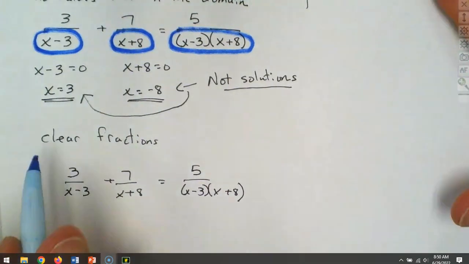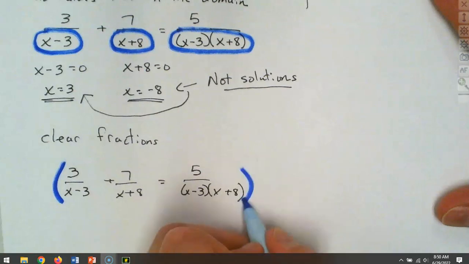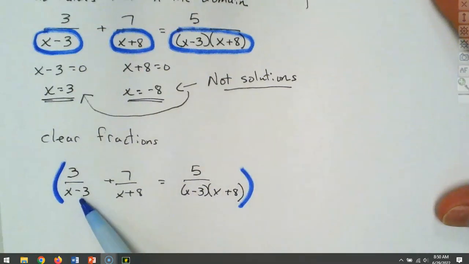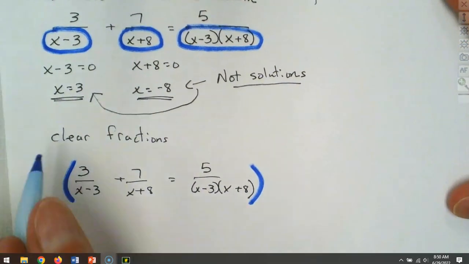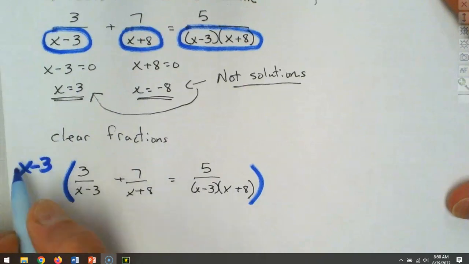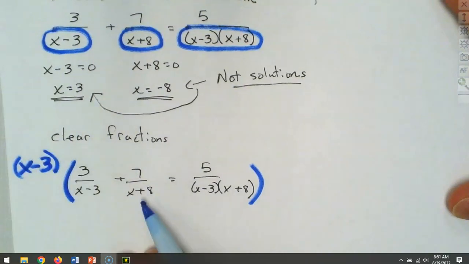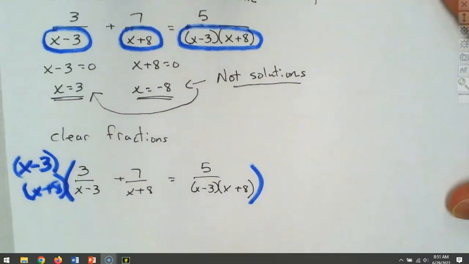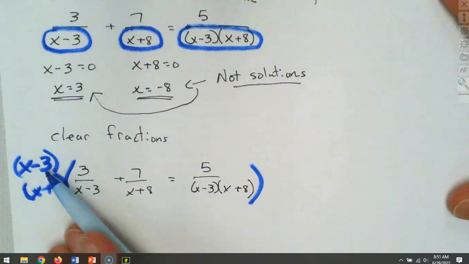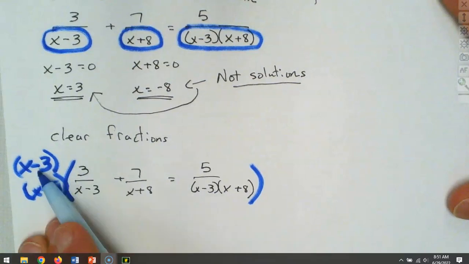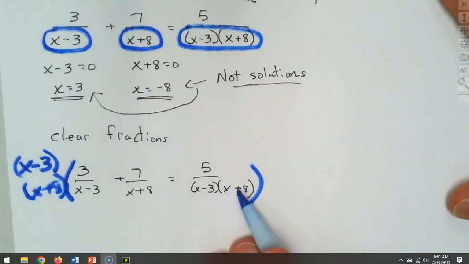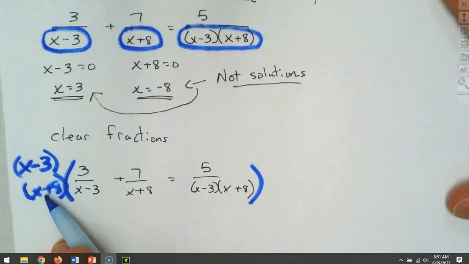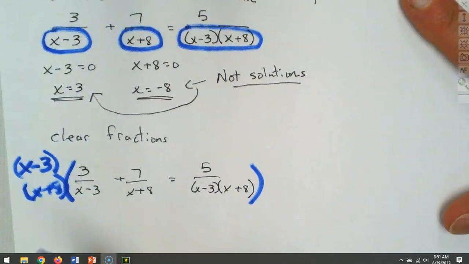So when we look at this to clear them out, this one has an x minus 3. So we're going to have to use an x minus 3. And then we look here, and this one has an x plus 8. So we also need an x plus 8. And this one has an x minus 3, so that's taken care of in blue out in front. And this x plus 8 is also taken care of here. So everything's going to be canceled out.